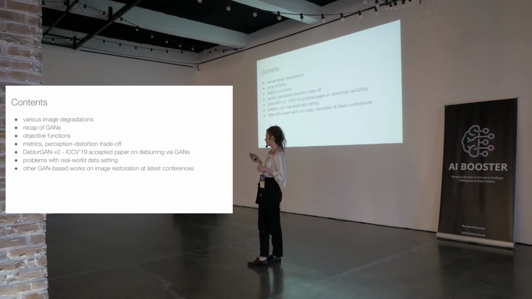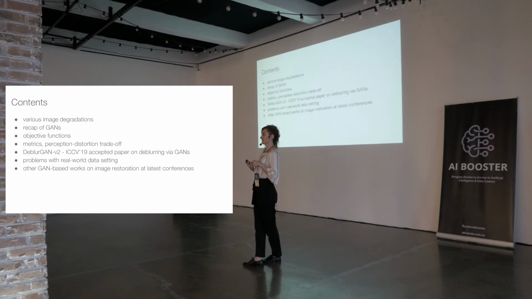Then I'll switch to DeblurGAN-v2, which is our joint work with Orest Kupyn and guys from Texas A&M University. We presented it last week in Seoul, South Korea, at the International Conference on Computer Vision. And then just a few more things about the real-world setting.